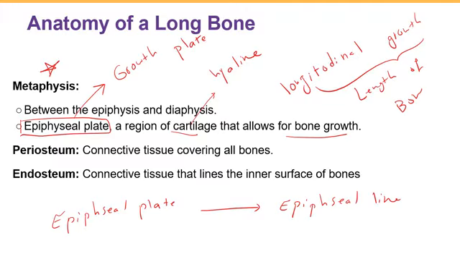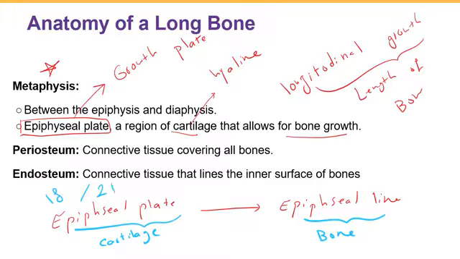What is the difference between the epiphyseal plate and epiphyseal line? The epiphyseal plate is a cartilage, a hyaline cartilage, and the epiphyseal line is just a bone. So for girls at the age of 18, the epiphyseal plate becomes bony, becomes the epiphyseal line, and for boys at the age of 21, the epiphyseal plates become the epiphyseal line.